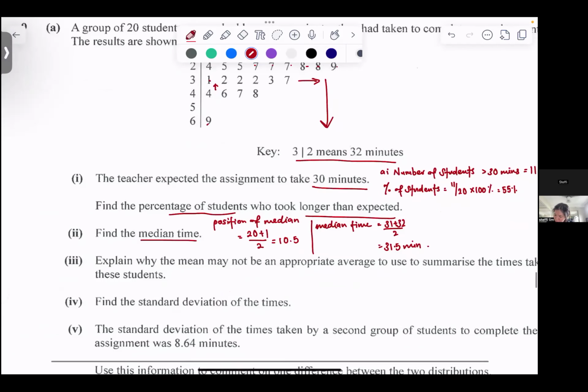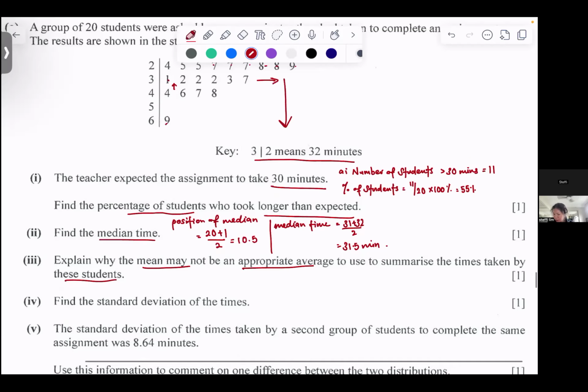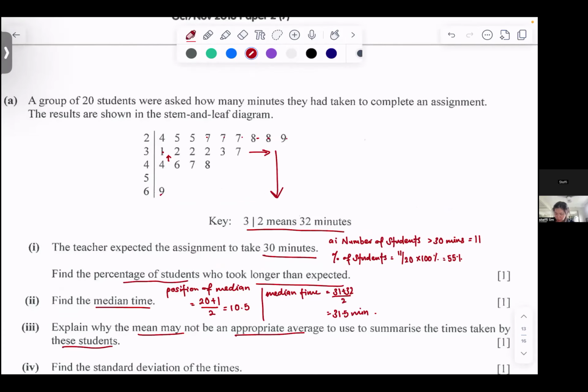Explain why the mean may not be an appropriate average to summarize the times taken by these students. Okay, why is it not appropriate? For that, we need to go back and look at this stem and leaf diagram. Can we see anything that makes it not appropriate? Actually yes, there's this entry where the student took 69 minutes, which is a very long time, and very unusual.